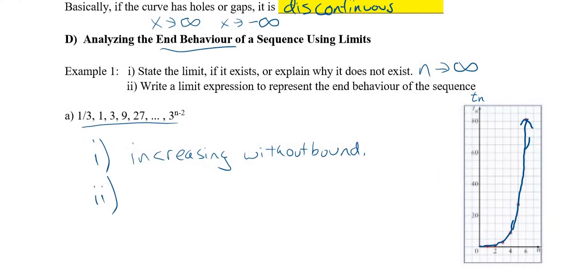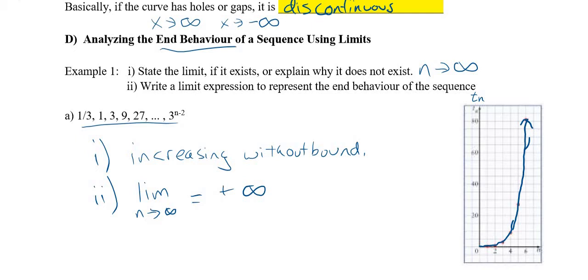So for part 2, it's saying write a limit expression to represent the end behavior of the sequence. The way we're going to write that, the limit as n approaches infinity is equal to positive infinity. Let's quickly break that down a little bit just to make sure we understand this.